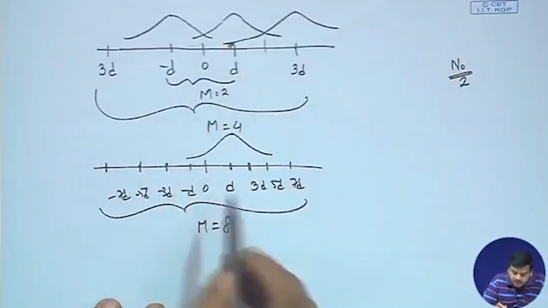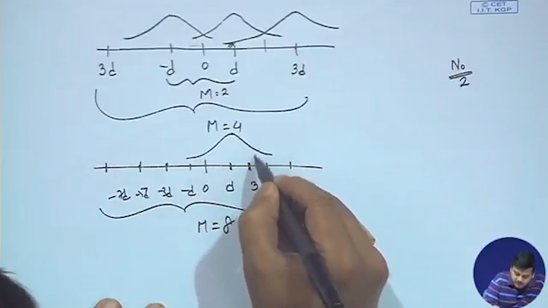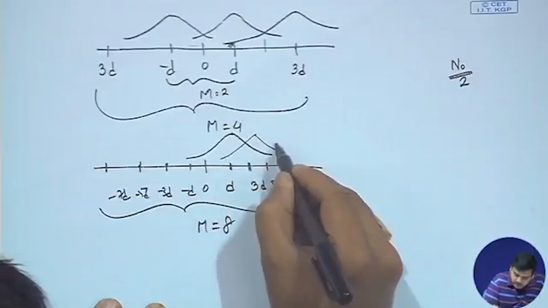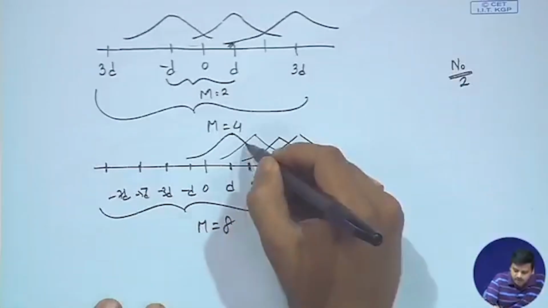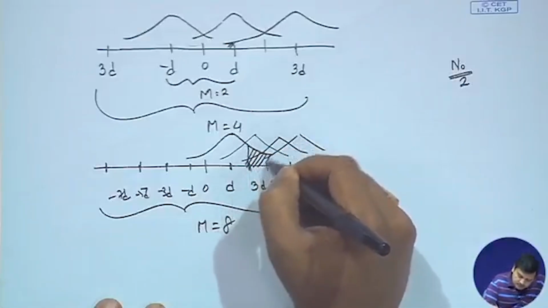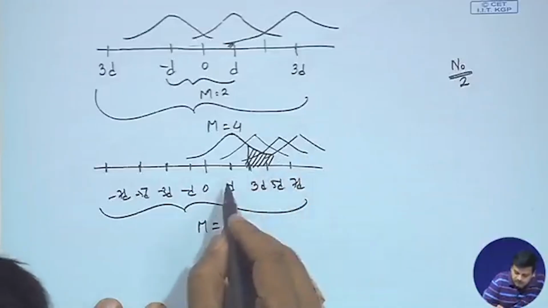Here what is happening is the constellation points are coming closer, right, compared to the previous case. So, you have one constellation point, you have another constellation point, you have another constellation point. So, that means you are now integrating this area. Previously you were integrating an area which is much smaller.